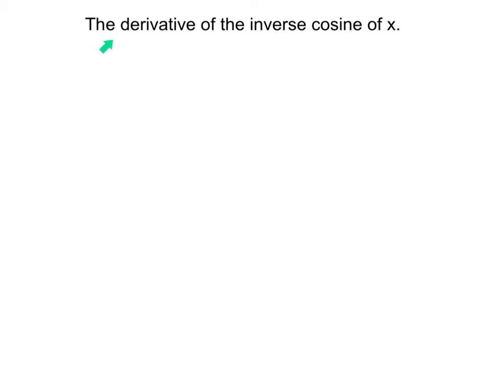So now we're going to find the derivative of the inverse cosine of x. You go to black, and we're going to start by writing out that y is equal to the inverse cosine of x. I'll move that up.